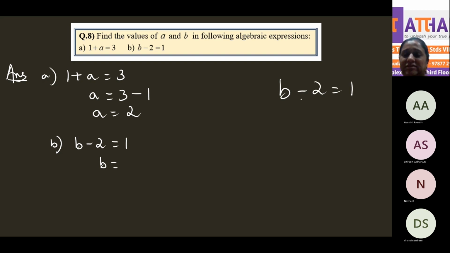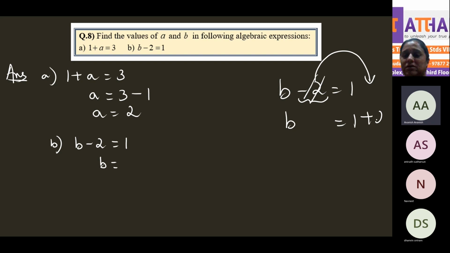Now, you will have to take this minus 2 to the other side. Now, write the remaining things. Don't write this minus 2. Write whatever is remaining. So, write B is equal to 1. Now, this minus 2 will come here as plus 2. So, B is equal to 3. Remember like that. Whichever you're transposing, don't write that. Other than that, whatever is remaining, you must write.